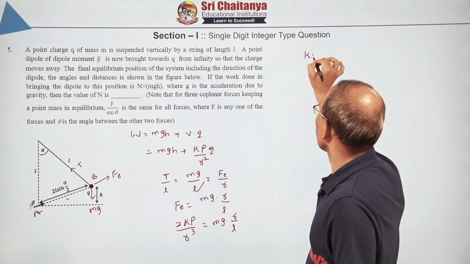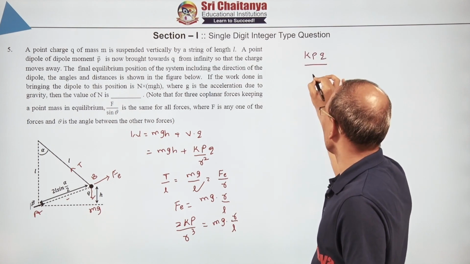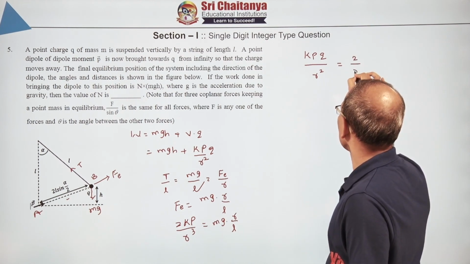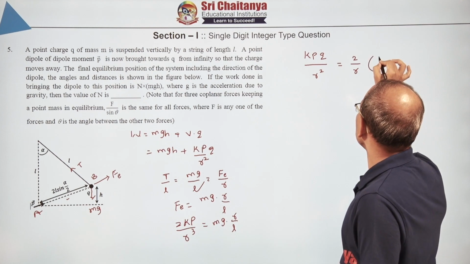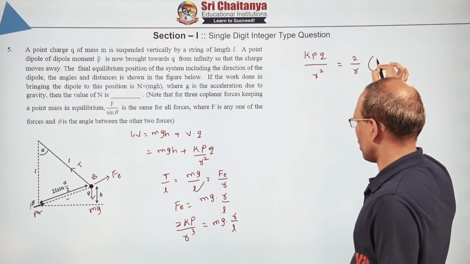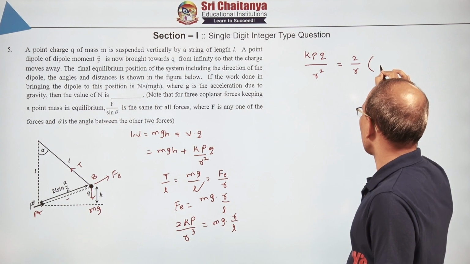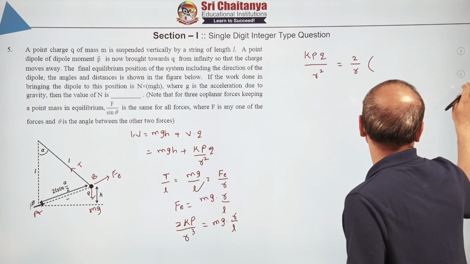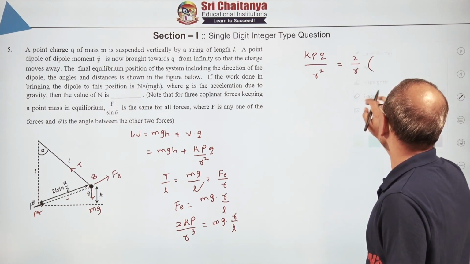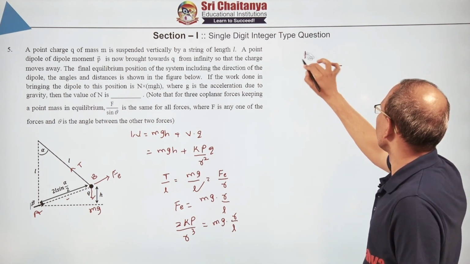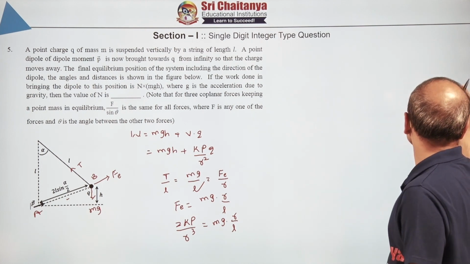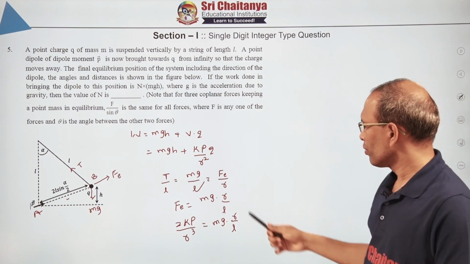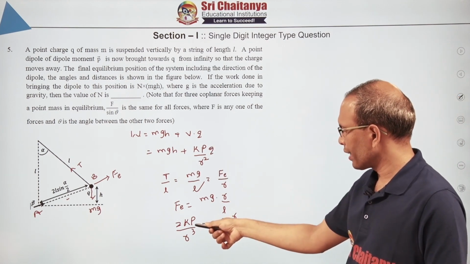We want kp by r square. Now I want to get it from this here.